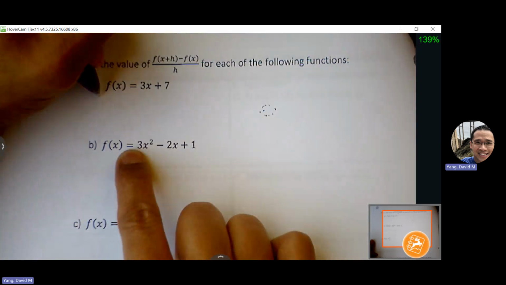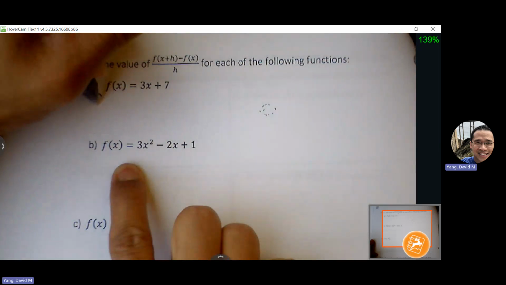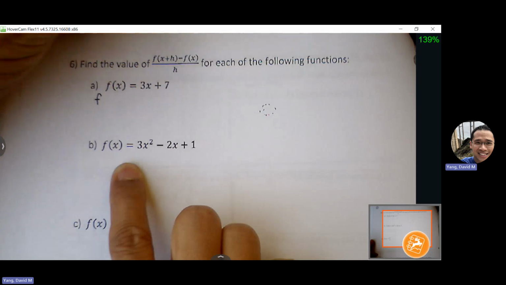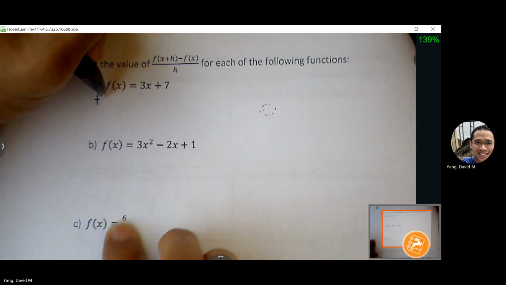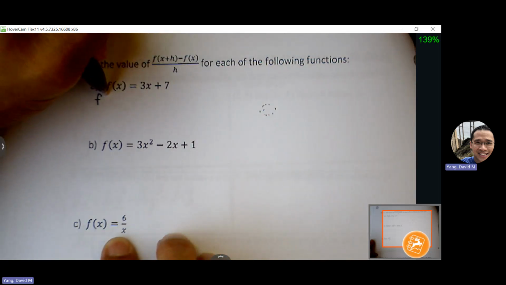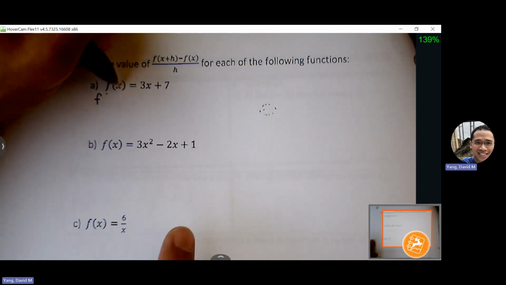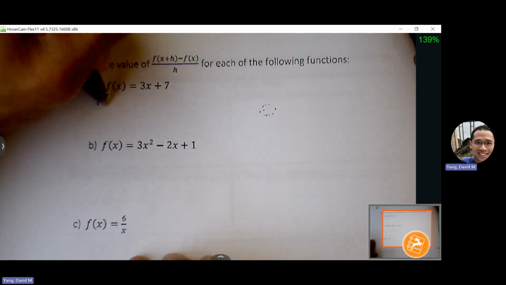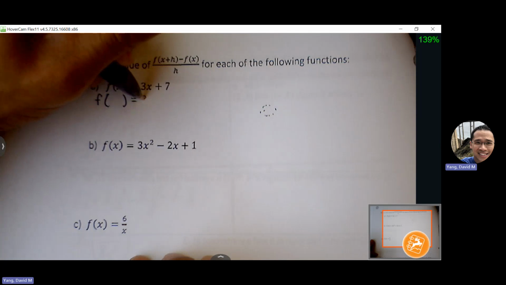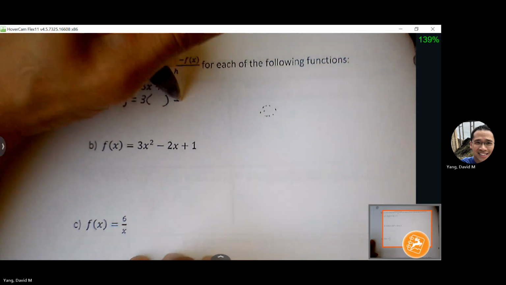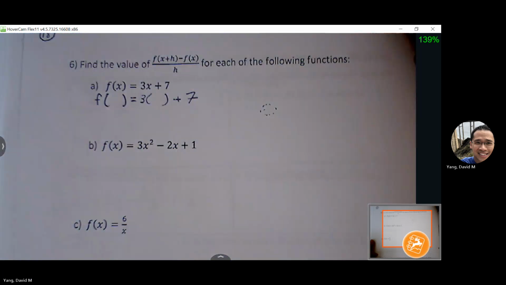So I want you to write out the function with a reserved spot for all your arguments. So basically, wherever the x is in your function, go ahead and leave an empty space. So if you can take this step, you're not going to make a mistake because it'll be obvious where your x plus h goes.